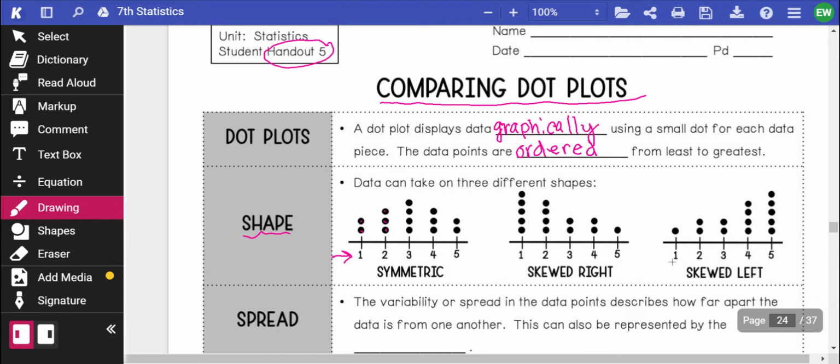Skewed left is at the higher data points. So skewed means off center, and symmetric is balanced. So they can be balanced or off center. Okay, we're going to use the terms symmetric and skewed.